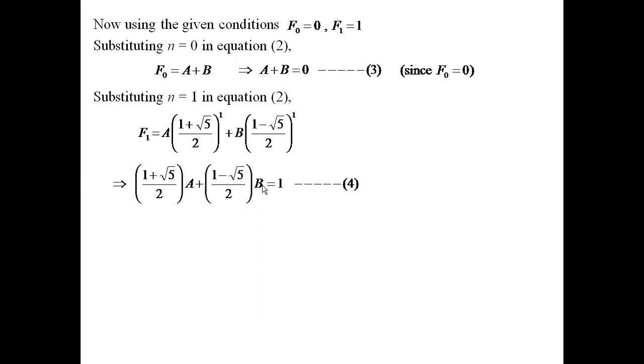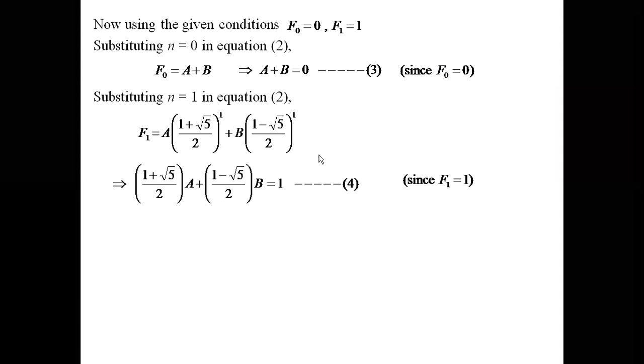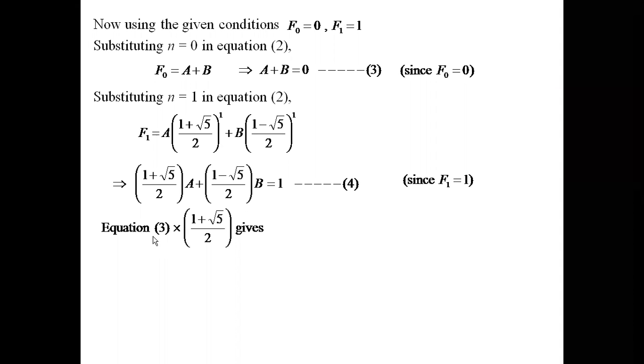And I have done it manually so that we can have the fractional values for capital A and capital B. So let's see how it is. Let us multiply equation 3 by 1 plus root 5 divided by 2. I'm trying to take common expressions so that when I subtract them, I can cancel off capital A and obtain the B value.